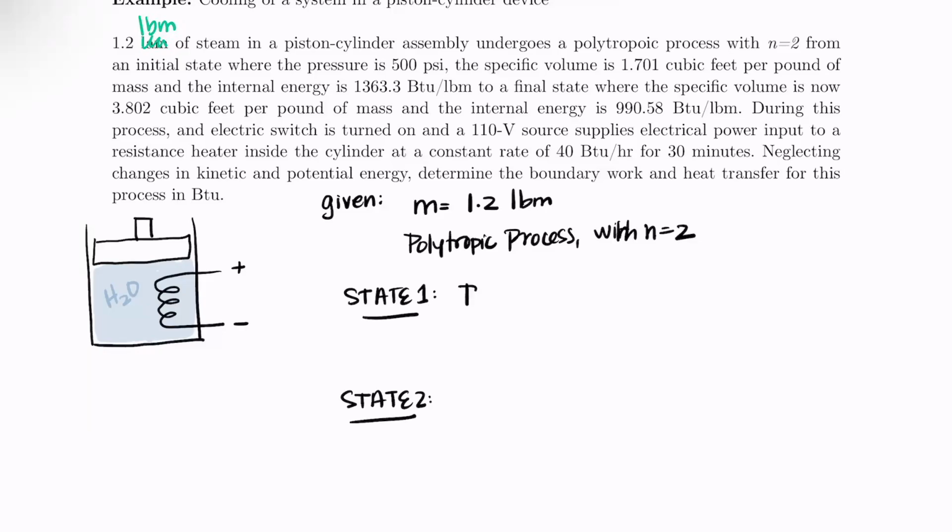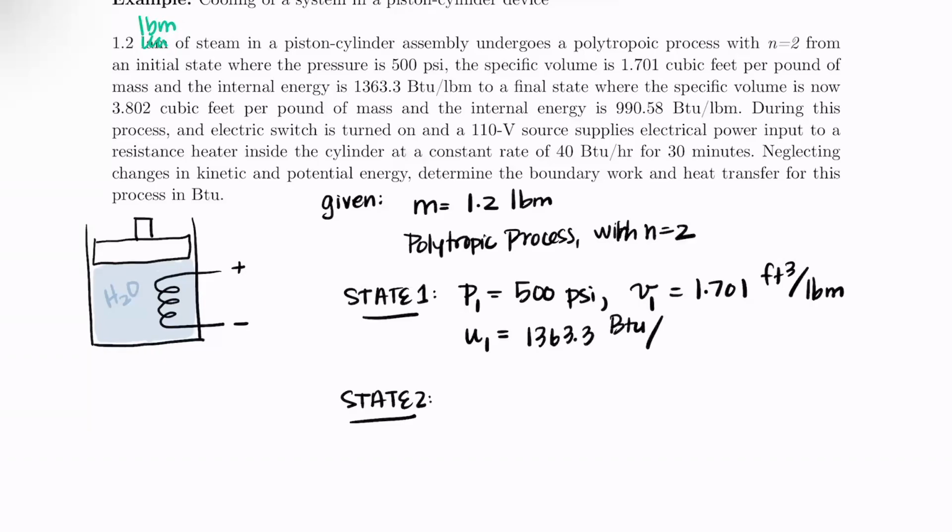For state 1, we're given the initial pressure is 500, so this is pounds per square inch. We're also given the initial specific volume is 1.701 cubic feet per pound of mass. And we're given our internal energy is 1363.3 BTU per pound of mass.